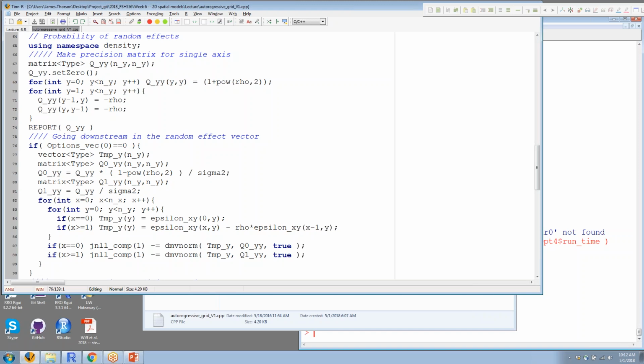from it. Similarly, temp Y, if you're doing the first row, temp is just the prediction where the first row is epsilon, that vector, and if you're sweeping downstream, the mean is just equal to your random effect minus the prediction from the last one.